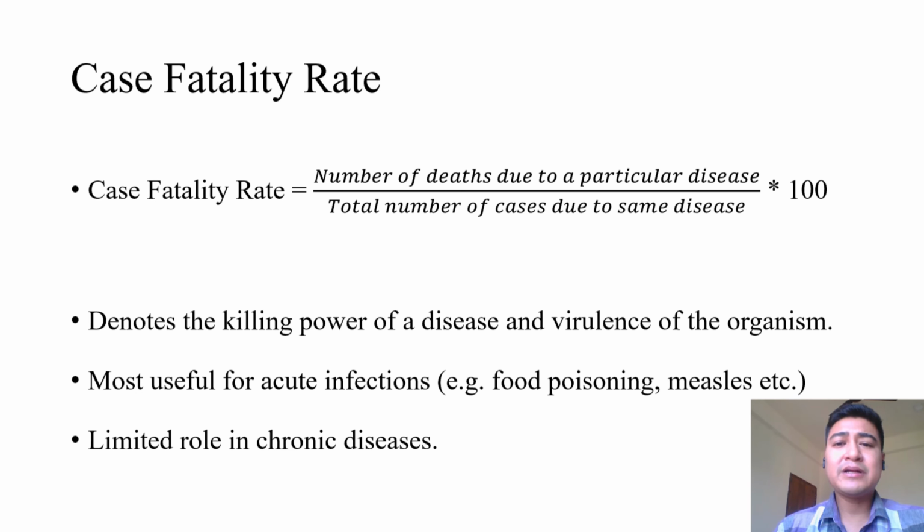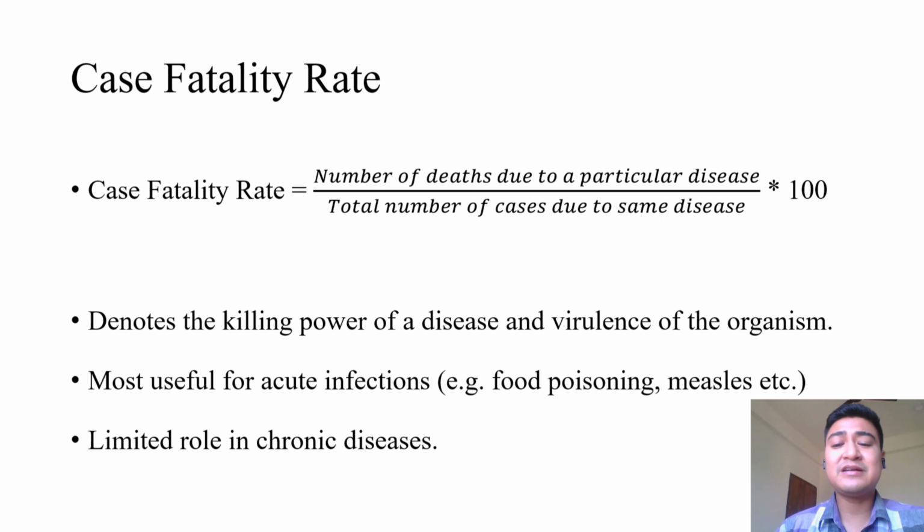Thus, case fatality rate denotes the killing power of the disease, and ultimately we will know the virulence of the organism for that disease. It is most useful in case of acute illnesses like food poisoning, measles, etc.